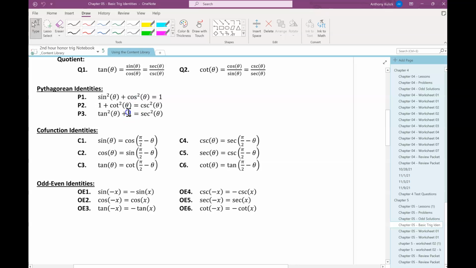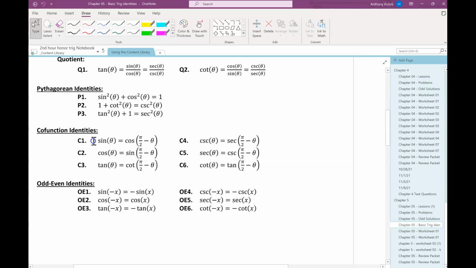Cosine squared divided by cosine squared is 1. 1 divided by cosine squared is secant squared. That's where that third identity is coming from. It's just a different version of the first one. Is that okay with you guys? Again, we're just trying to do the express version here.